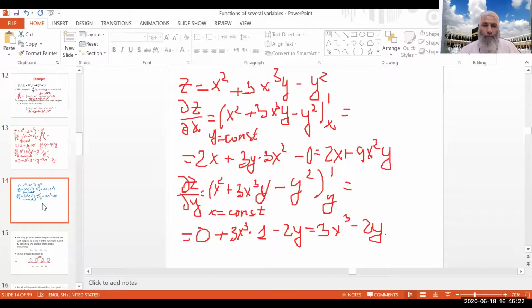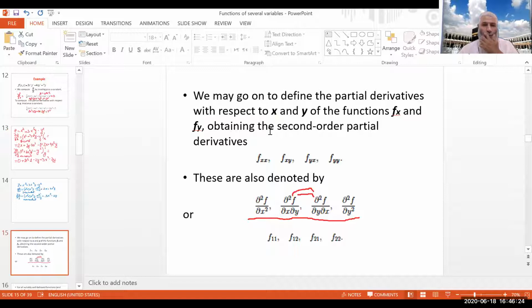Yes. So we may go on to define the partial derivatives with respect to x and y. The functions f of x and f of y give the second order partial derivatives: f of xx, f of xy, f of yx, f of yy.